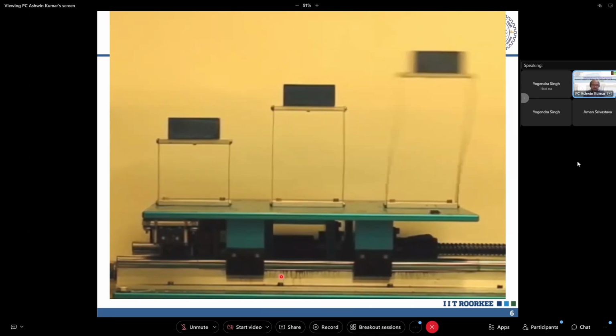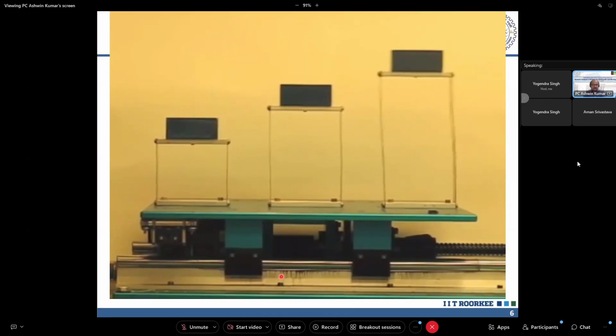And then he's further increasing. Then you see the response being lowered, right? The displacement has reduced for the extreme right specimen.